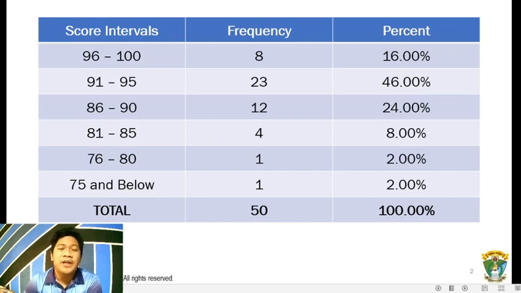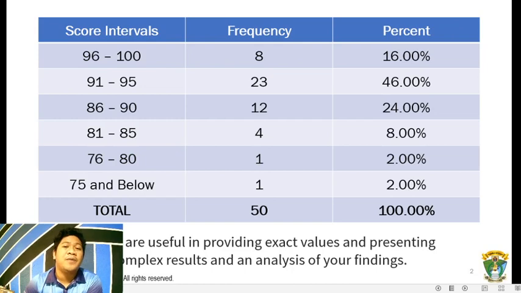Now, when do we use tabular presentations? Tables are useful in providing exact values, especially if the reader would want to see the exact values. And there are reports that it is better to use exact values.